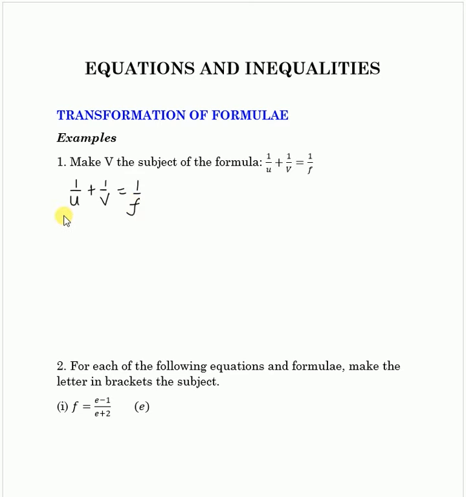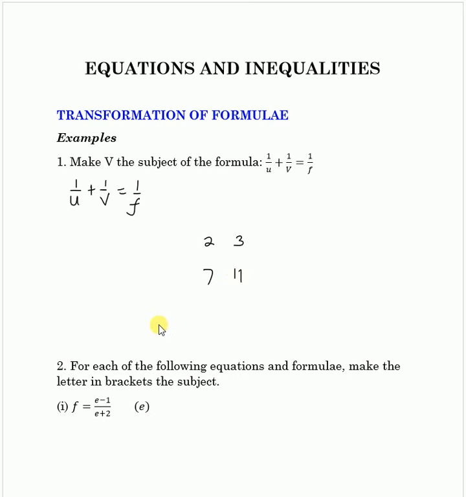We are going to get the LCM of u and v. And getting the LCM of u and v is like getting the LCM of 2 and 3, or the LCM of 7 and something like maybe 11.